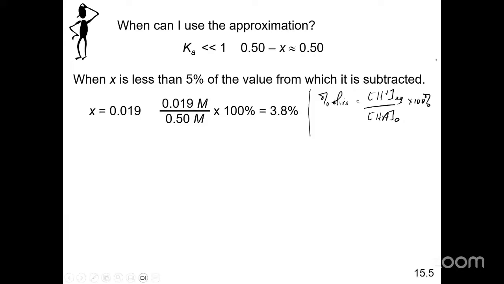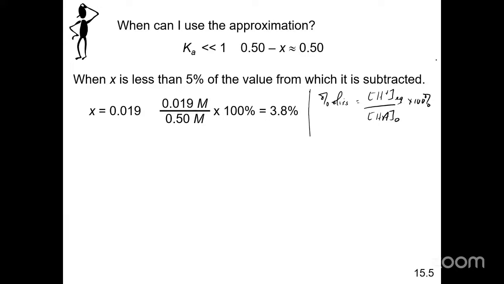So we call that the percent dissociation. That will give you the percent dissociation, right?